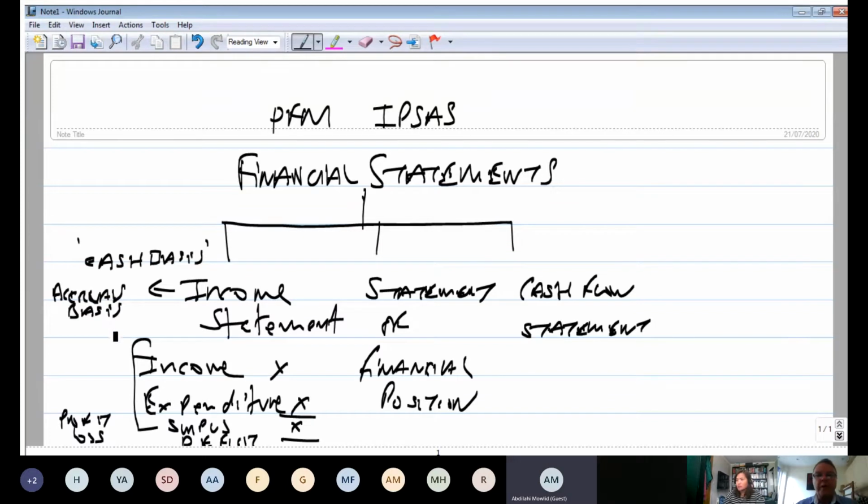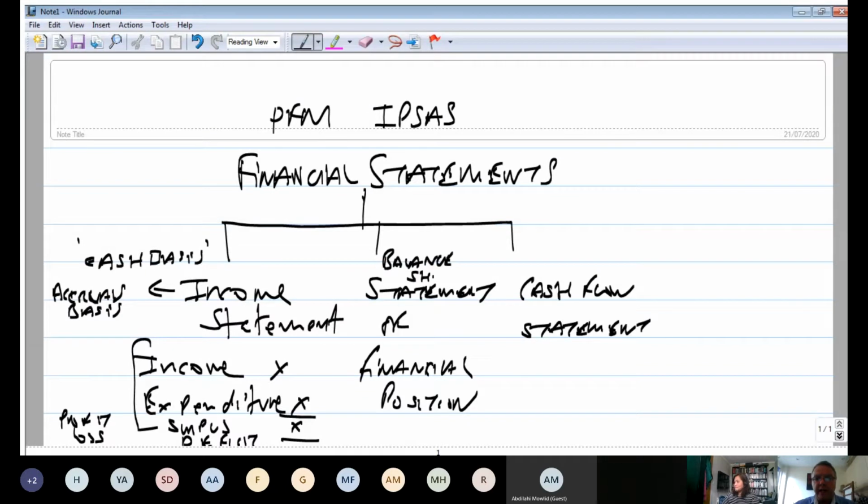And this is where I referred to in my earlier presentation when I spoke about the cash basis versus the accruals basis. So the cash basis is an income statement with the income and the expenditure when the cash is received and when the cash is paid out. On the accruals basis, it's the same thing, except I'll show you a bit later how it differs from the cash basis.